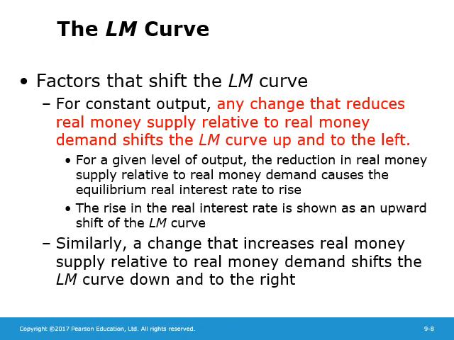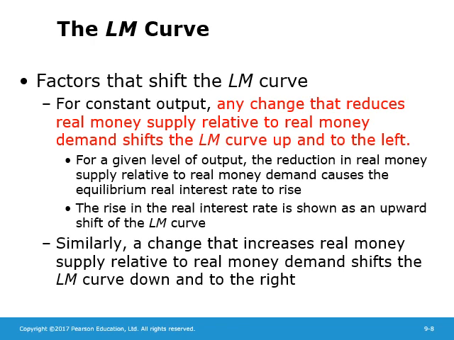Any change that reduces real money supply relative to real money demand shifts the LM curve up and to the left. And remember that the LM curve is sloping upward. So when we say it's shifting up and to the left, you have to imagine how this shift looks.